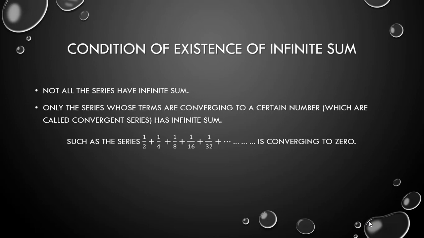If you look at the numbers carefully, the first number is half, and the second number is smaller than half, and the third number is smaller, half of 1/4, and then 1/16. 1/16 is less than 1/8, and term by term the series is decreasing to a point.